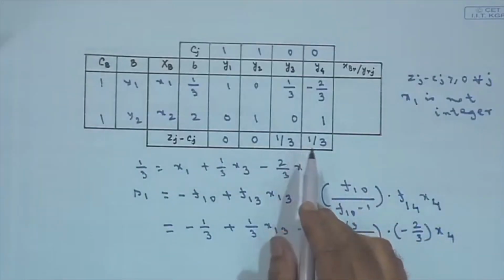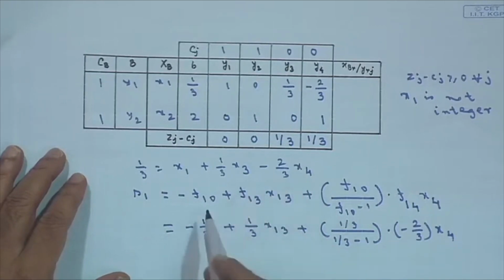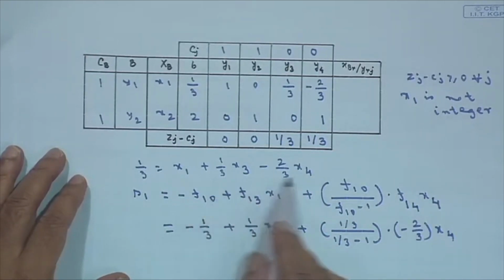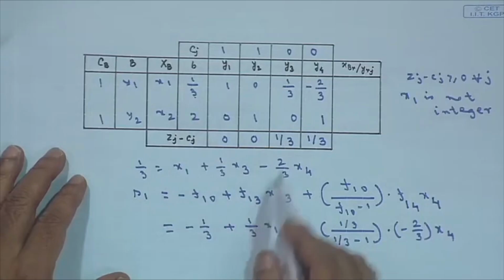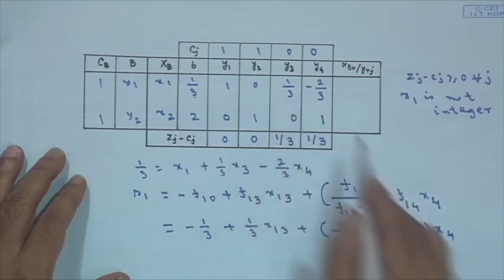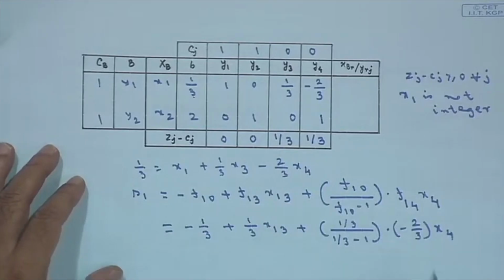For this case, the equation I first wrote was minus fk0 plus f13 x3 plus f10 by f10 minus 1 into f14 into x4. Now I am putting in the values of f10, which is 1/3, f13 is 1/3 and f14 is minus 1/3, so you obtain S1 equals this.